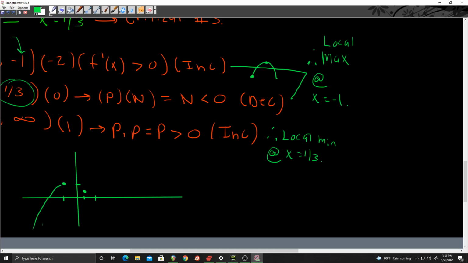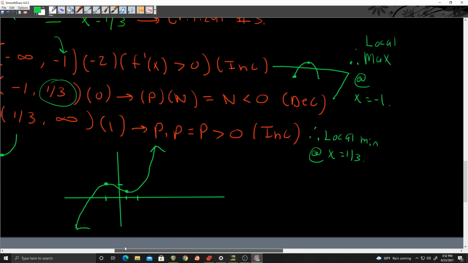Maximum here. Minimum here. Just like that. Very cool. So that function is going to look roughly pretty close to that.